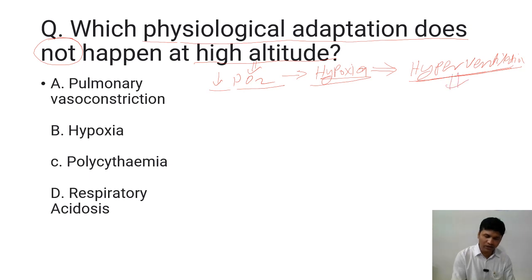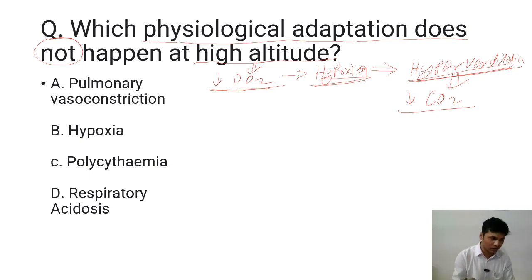So the first response is decreased partial pressure of oxygen leading to hypoxia, and hypoxia leading to hyperventilation, and then decreased carbon dioxide. If you hyperventilate more and more, the ventilation rate will increase, so carbon dioxide will wash out.